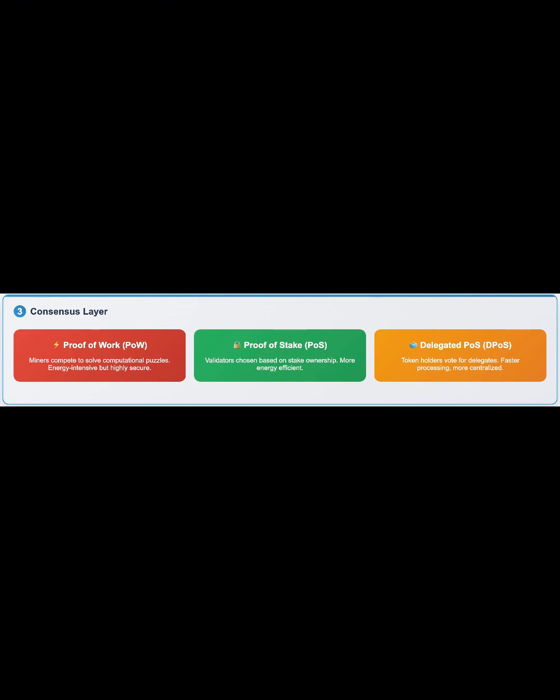Layer 4, application layer. Finally, we reach what users actually see and interact with: wallet software. These are the interfaces that let you send, receive, and manage your cryptocurrencies or tokens. Smart contracts. These are self-executing contracts with the terms written directly into code.